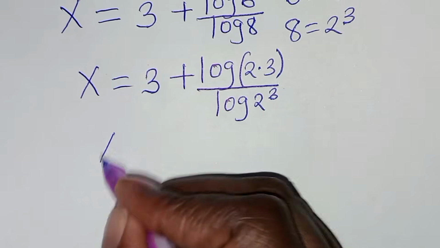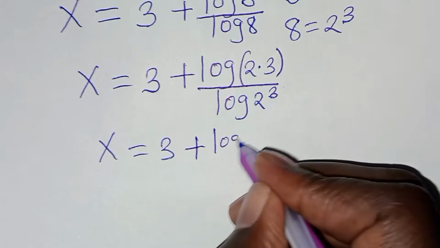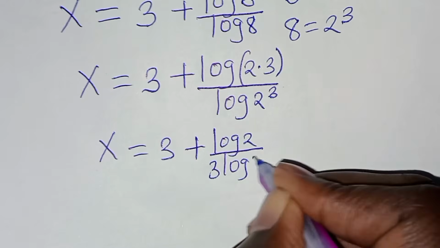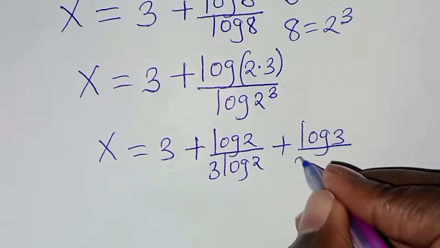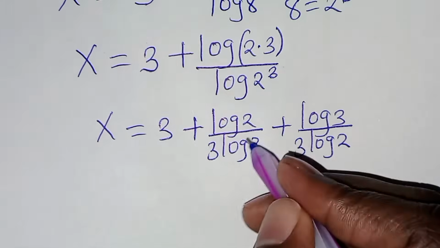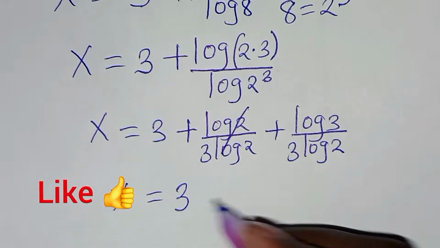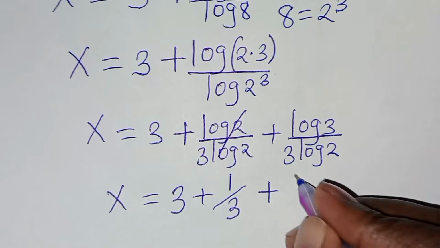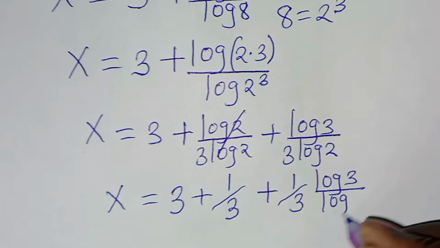So from here we'll have x equal to 3 plus, now here we'll have log 2 divided by log 2 to the power 3 becomes 3 log 2, then plus log 3 divided by 3 log 2. Let's simplify here. Log 2 and log 2 simplify, so that now here we have x equal to 3 plus 1 over 3 plus 1 over 3 log 3 divided by log 2.